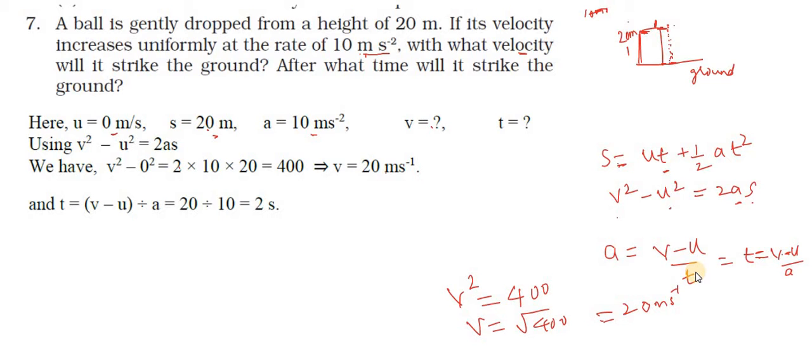So 20 minus the initial velocity 0, that is 20, divided by 10, which is equal to 2 seconds. So t is equal to v minus u divided by a, that is 20 minus 0 divided by 10, equal to 2 seconds. So the time is 2 seconds, and the final velocity is 20 meter per second.